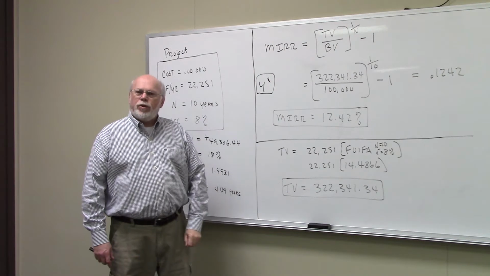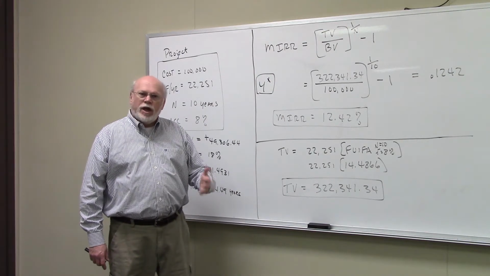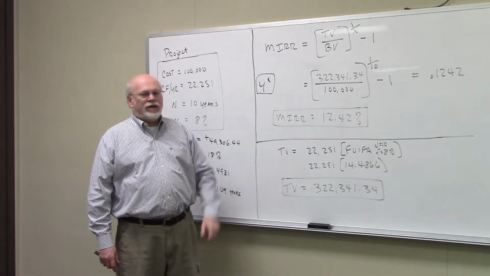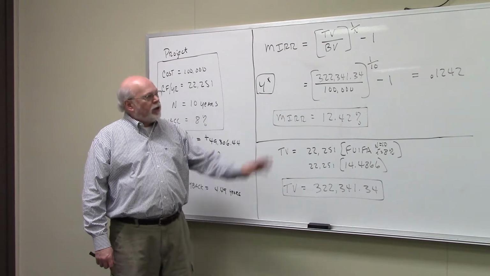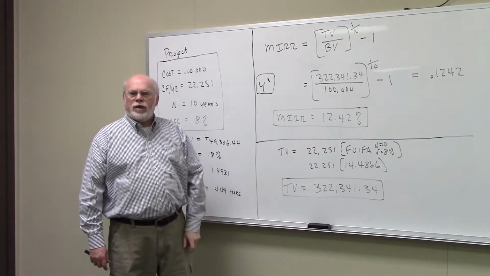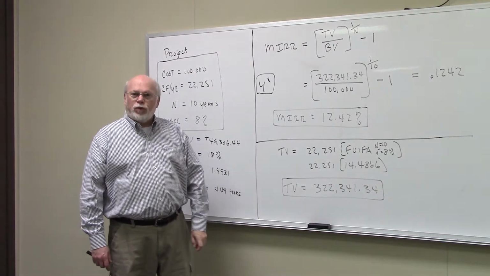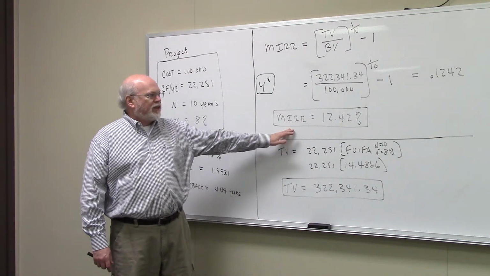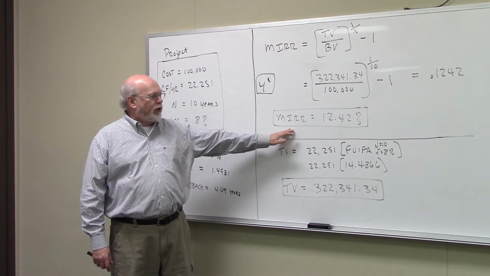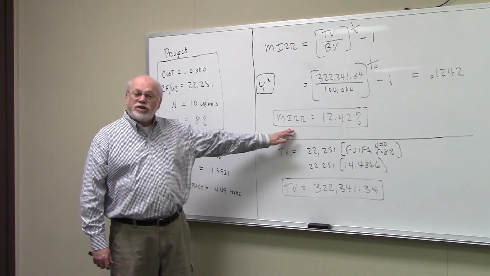What you have in your calculator at that point is 1.1242. Subtract 1 from that and you get 0.1242, which is the decimal equivalent of 12.42%, the modified internal rate of return.